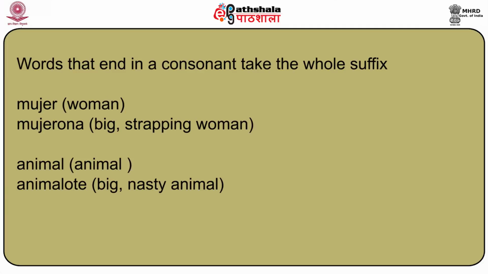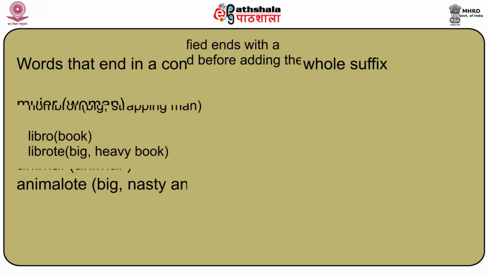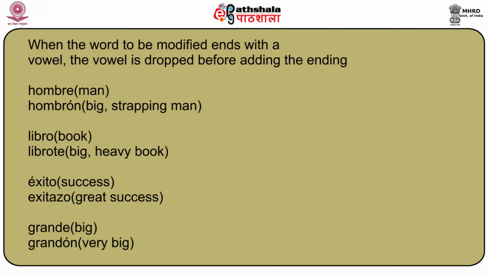One: words that end in a consonant take the whole suffix. So, mujer, woman, becomes mujerona, a big strapping woman. Animal, animal, becomes animalote, big nasty animal. Secondly, when the word to be modified ends with a vowel, the vowel is dropped before adding the ending.